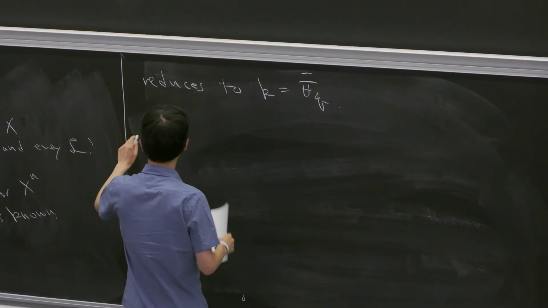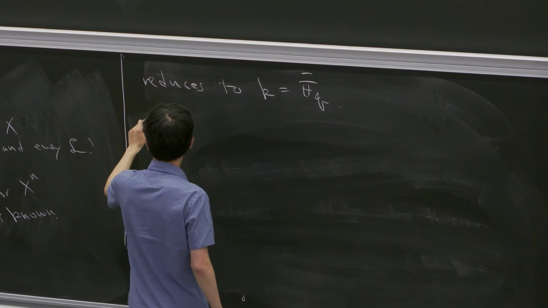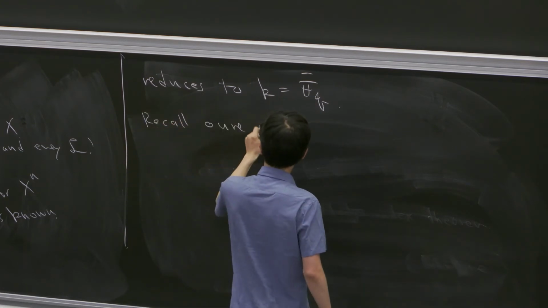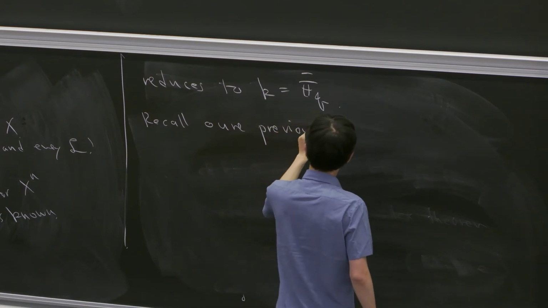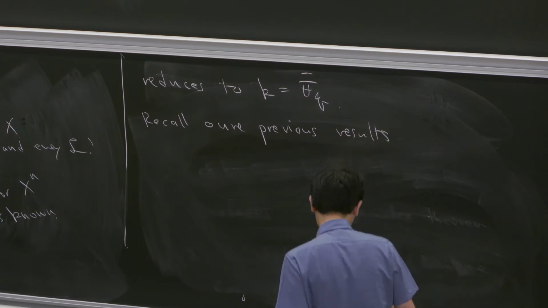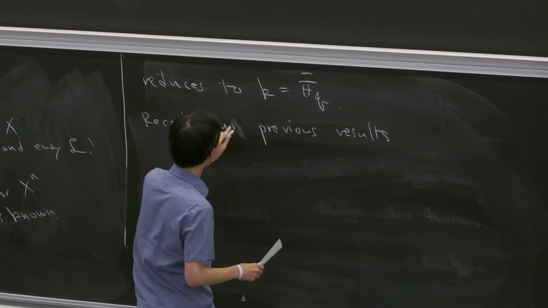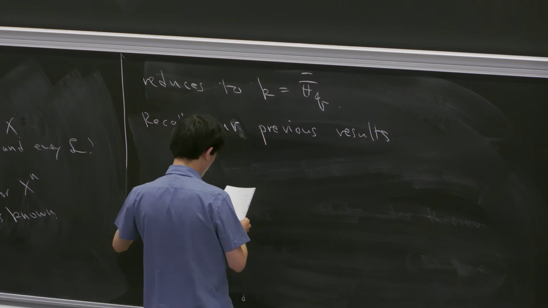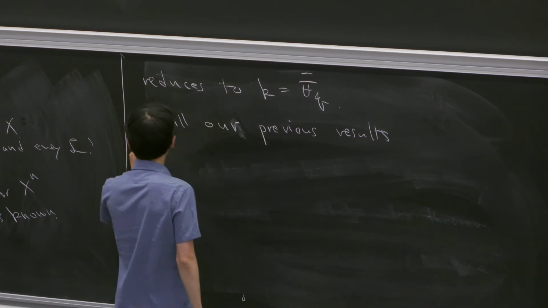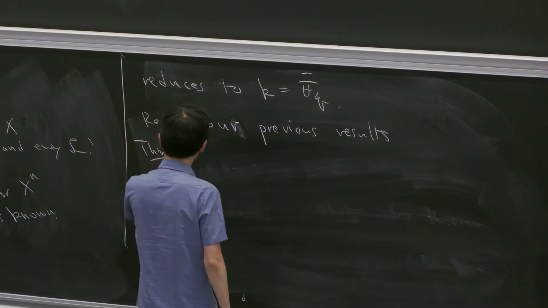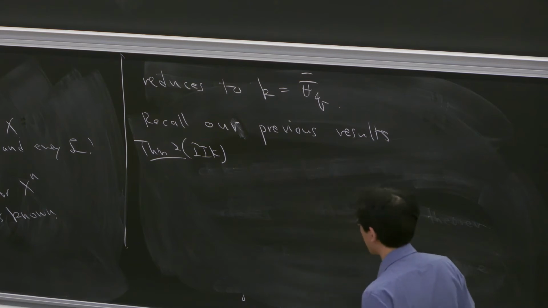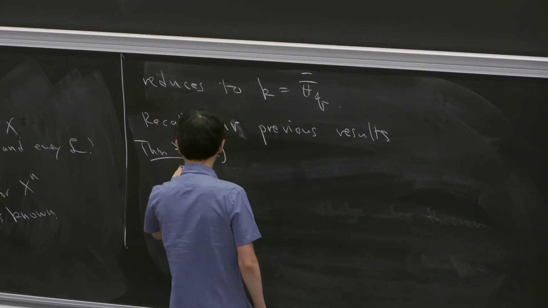So let me recall our previous results. Let me formulate two theorems. So theorem 2. This simply says the Tate conjecture is true.